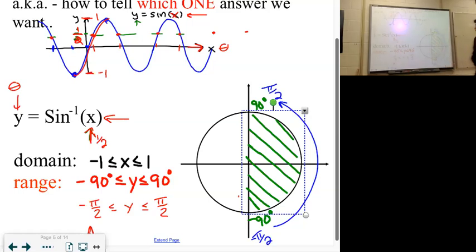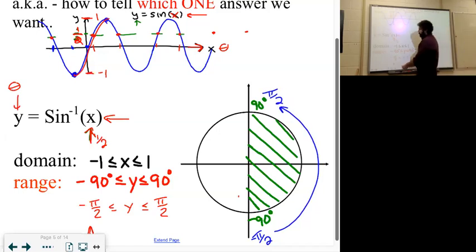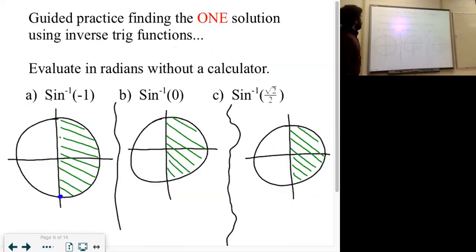I like to look at it this way: the restriction should be one positive quadrant for sine, one negative quadrant for sine, and those two quadrants should be surrounding the y equals 0 value, which is why it's quadrant 4 and quadrant 1 as opposed to quadrant 1 and 2. It's this whole region right here. Let's look at some examples right now.